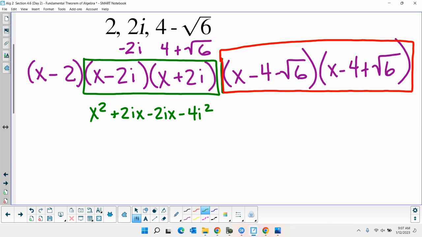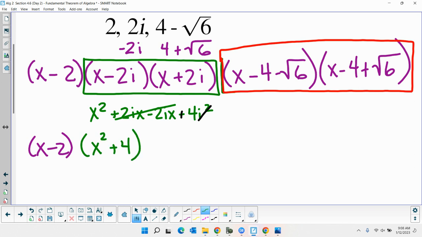One's positive, one's negative. Cancel. What do we learn about i squared? It turns out negative 4i squared to plus 4, right? Remember that? So, I've got, so far now, x minus 2, and I've got x squared plus 4.